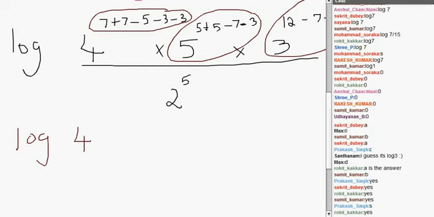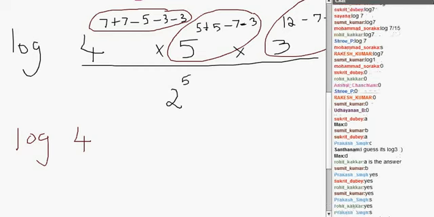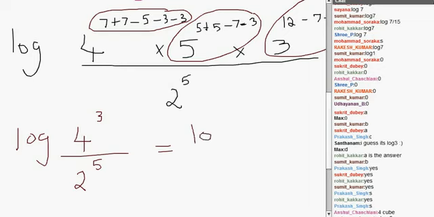The total power of the 4? Yes, 4 cube divided by 2 power 5. Since we very frequently deal with these numbers, we will know the cube and 2 power 5, which is 64 and this is 32. So it's log 2. That's it.